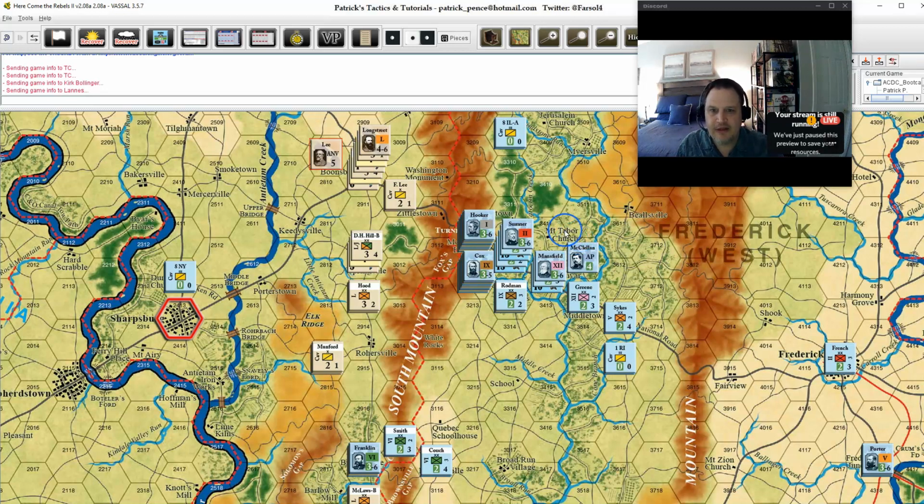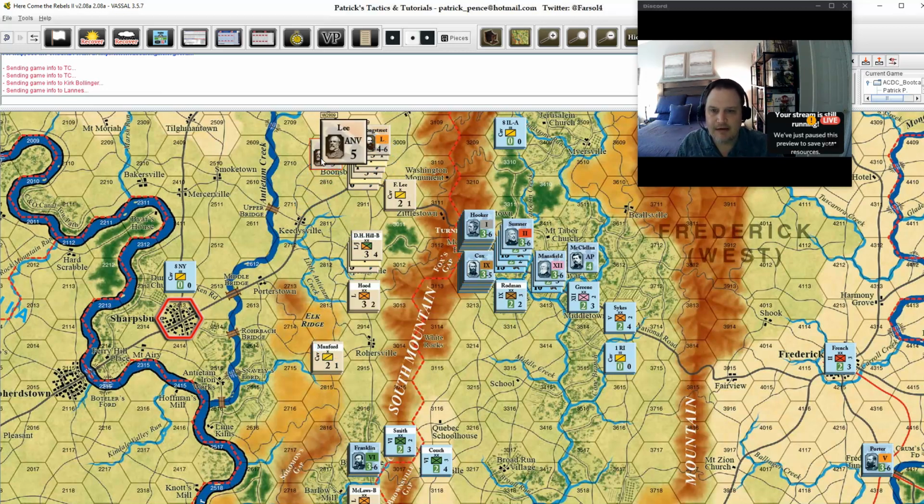Underneath them, we have the corps leaders. So in this case, we've got Mansfield for the 12th Corps and Sumner for the 2nd Corps, and then Longstreet with the Longstreet Corps. And they are stacked with one or more units underneath them. A leader must always be stacked with some infantry unit. We can never have an infantry leader stacked with a cavalry, for example.